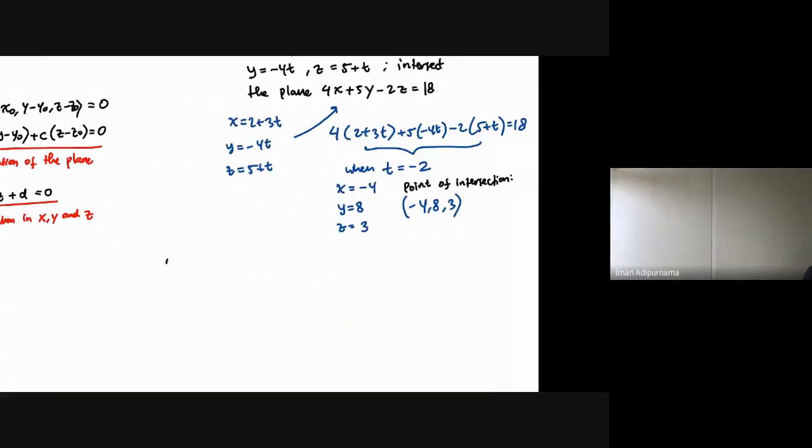Okay, some notes here. Let me check. Okay, still have time. So two planes are parallel if their normal vectors are parallel.